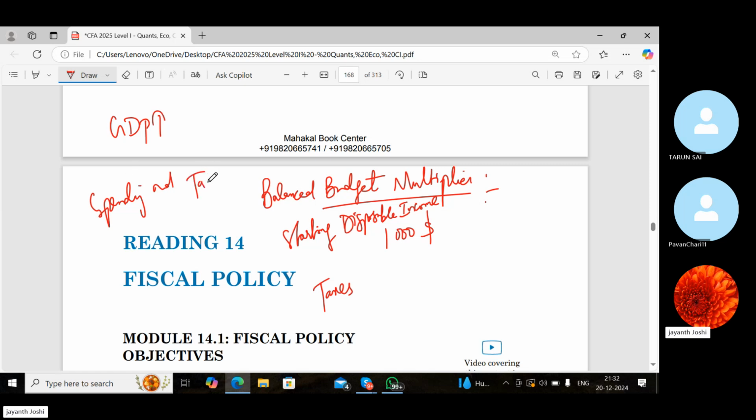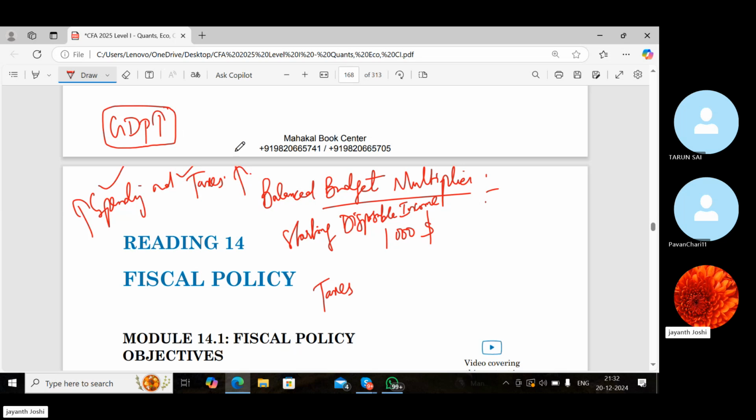For that they will increase the taxes also. So if government is increasing spending, or changing their spending levels, and also they are increasing their taxes, the GDP will also increase by the same amount by which this and this is increasing. That is balanced budget multiplier.